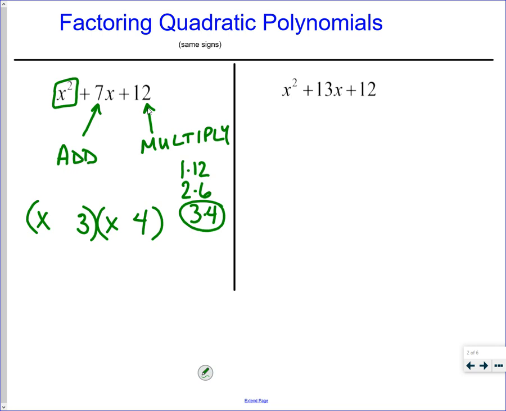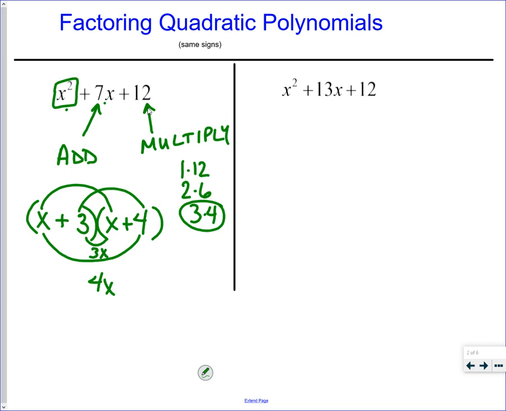And it's a positive 7, which means I'm going to have addition here. If you're ever not sure, we're going to FOIL to check it. X times x, x squared. This is a 4x, and this is a 3x. And when we add those two together, that gives me my 7x, and 3 times 4 is 12.